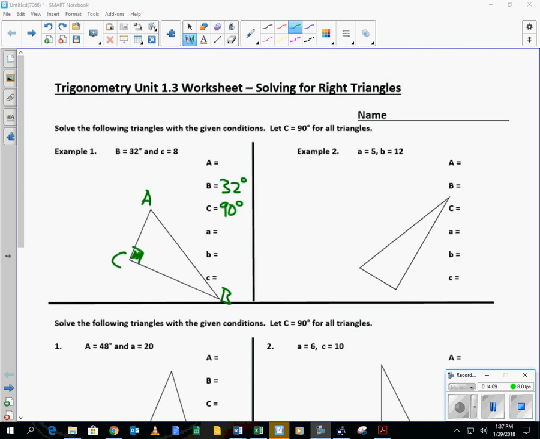B is 32 degrees. If they don't have a 90-degree angle, we don't know how to solve them yet. We would have to then learn the law of sines and the law of cosines.